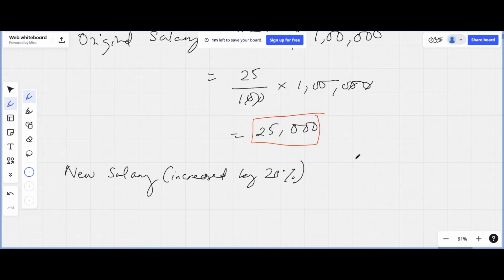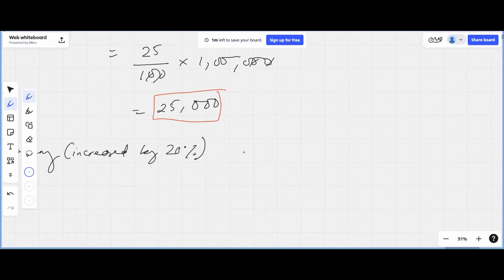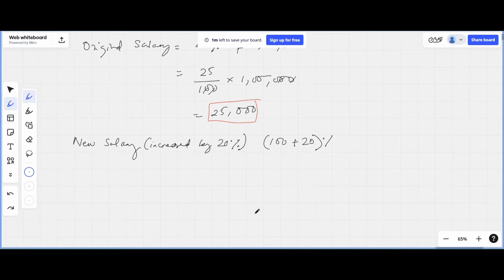See, increase by 20% means 120%. It will be 120% now, because 100 is the base, and it is increased by 20%. So it means 120% of the original. 120 by 100 is equal to 1.2.